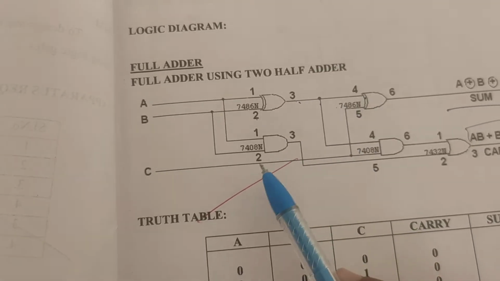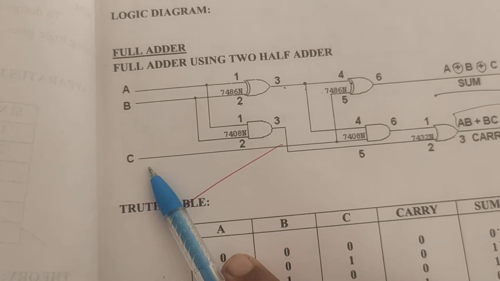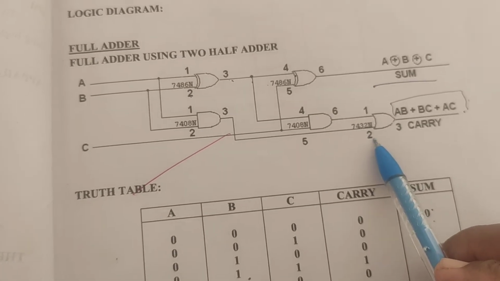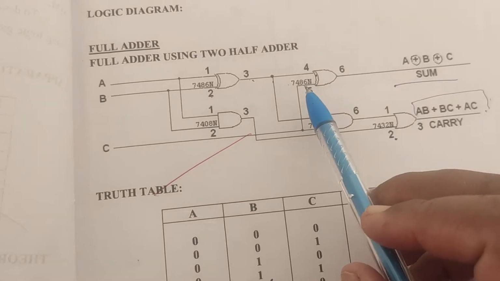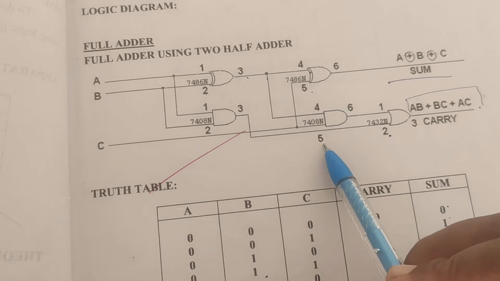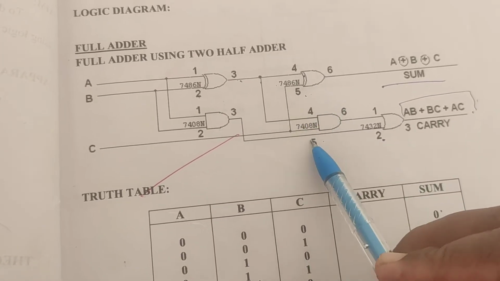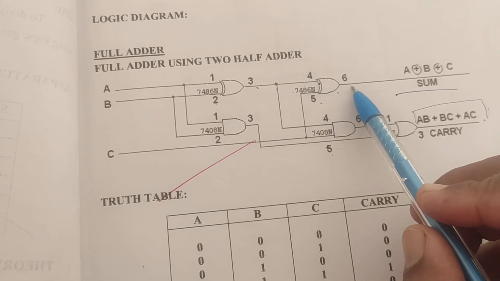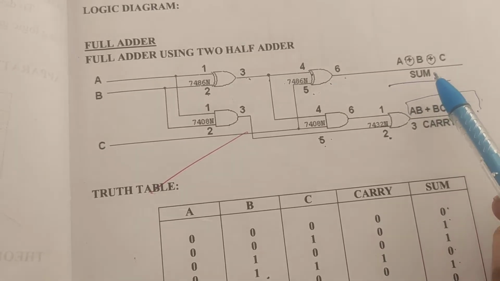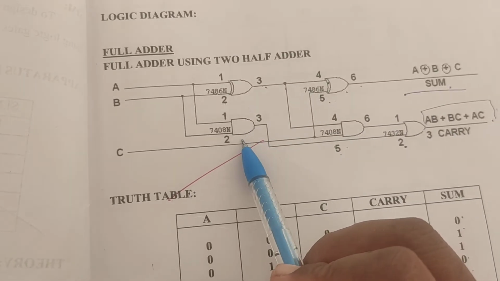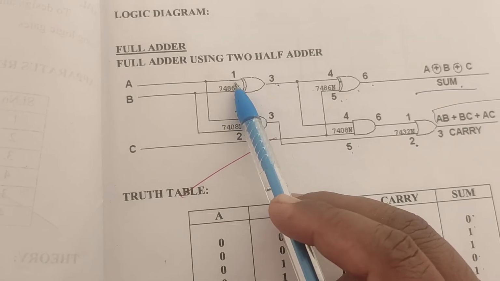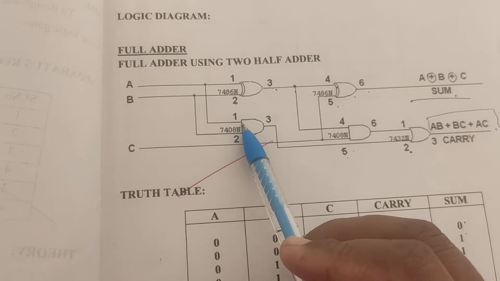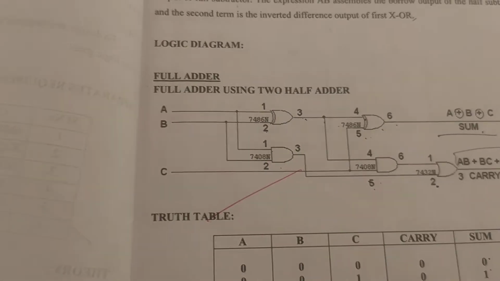Now the input C is directly given to the pin number 2. Then pin number 5 of the AND gate and XOR gate are short connected, and the output of the XOR gate at pin number 6 is given as the sum output. Now the connections for the AND gate: input A is also given to the AND gate, and input B is also given to the AND gate.